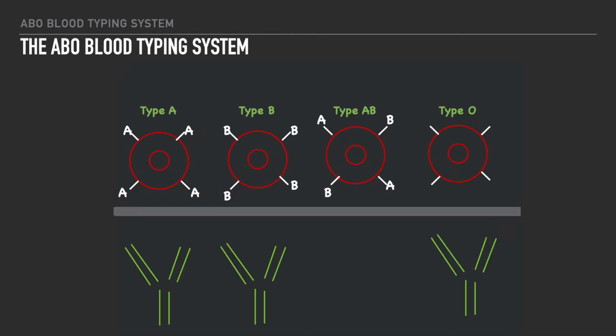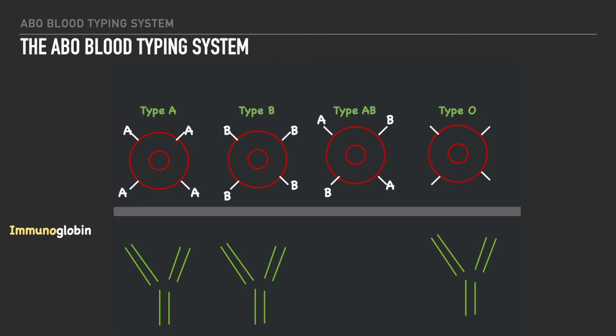So it's the absence of those antigens that represents this blood type, which is again type O. Now that we've covered the red blood cells and their respective antigens, we need to discuss the antibodies that are also a part of blood. Let's start with a term first, and that term is immunoglobulin. If we break this word into its 2 parts, the first part, immuno, represents the immune system.